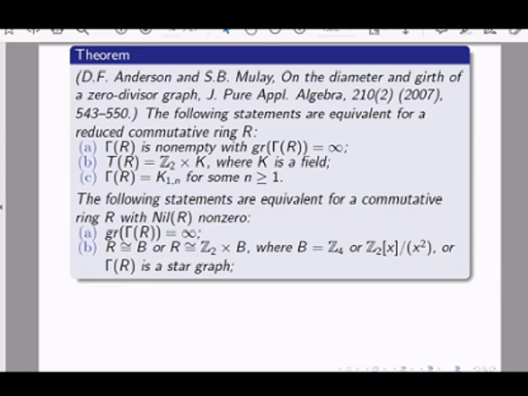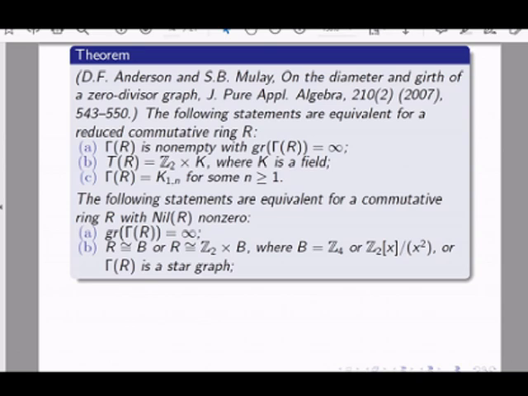In the same paper, remember that the girth is either 3 or 4 or infinity. For number 4, they considered the ring when R is reduced and non-reduced. What about infinity? They did the same thing. If your ring is reduced, meaning 0 is the only nilpotent element, then the following are equivalent.